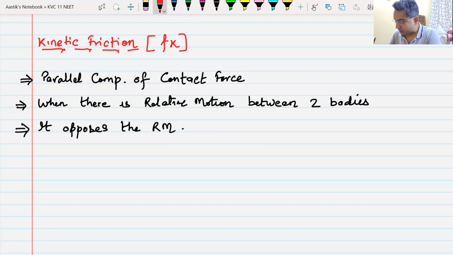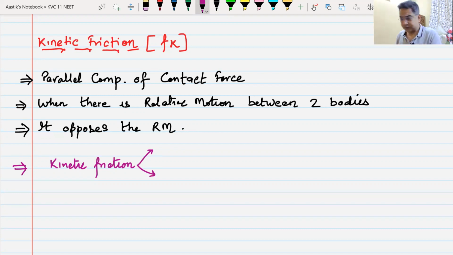So this kinetic friction must have two things. What are the two things that this kinetic friction must have? It is a force, so what are the two things it must have?